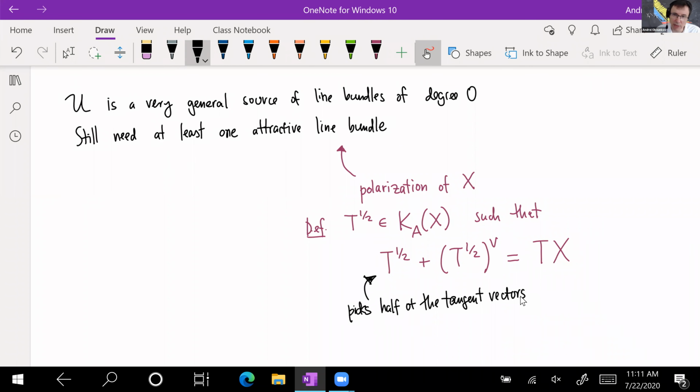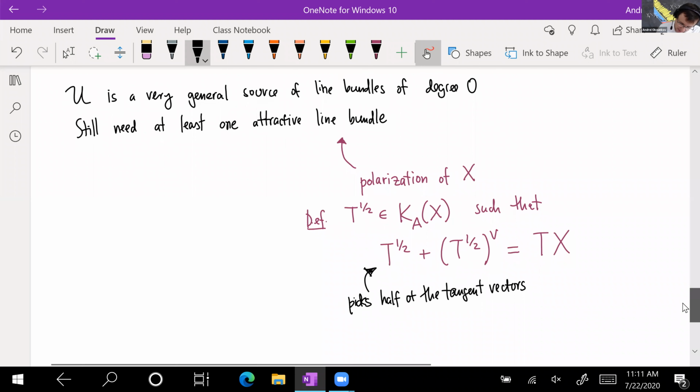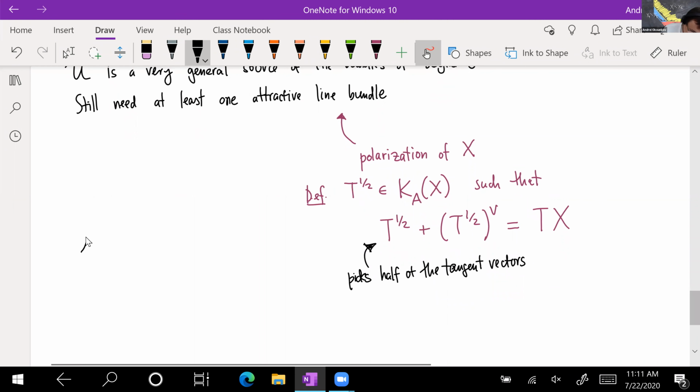So if I pick one and then take the dual, then I should get the whole thing. And then we can take the theta bundle of that polarization. So this has the right degree.